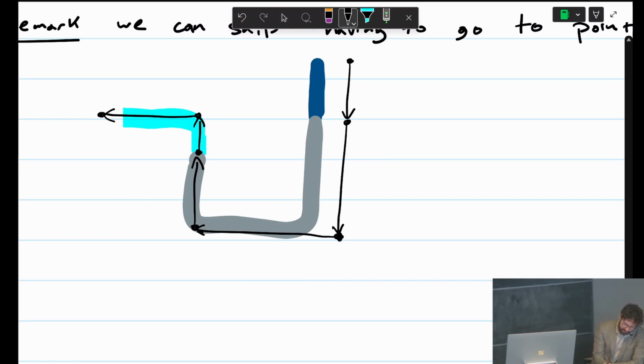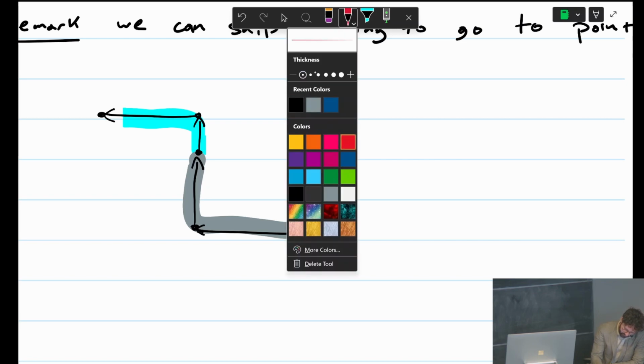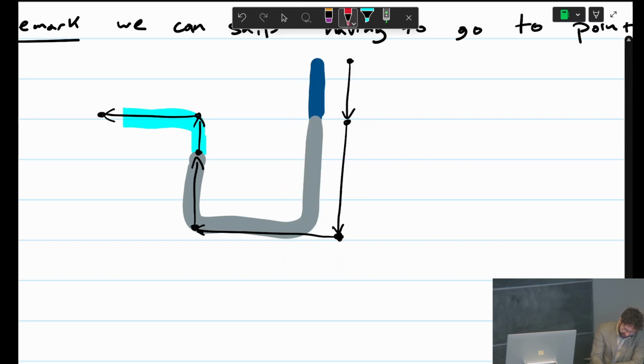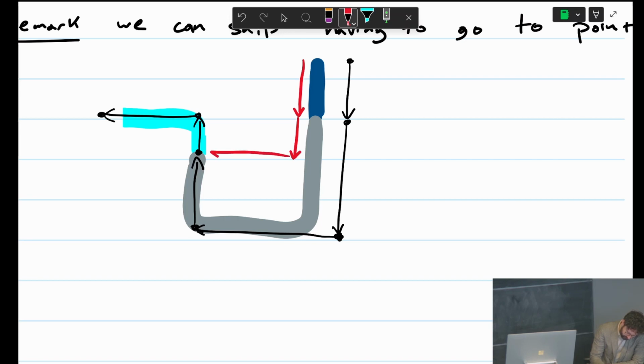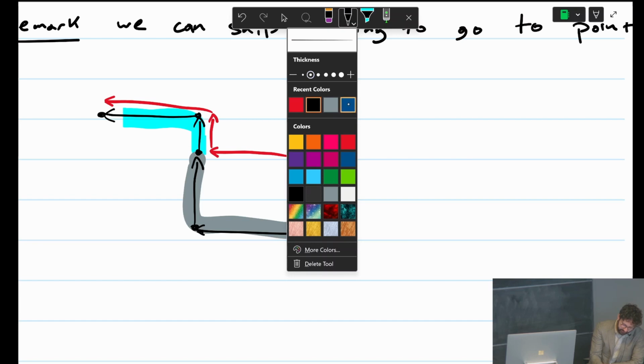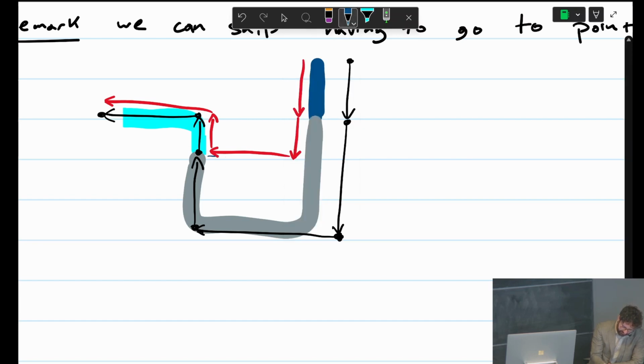But since all the heights were given, we would have saved a step if we had gone like this, so the red route. Since we know the height difference here, we don't have to go back.